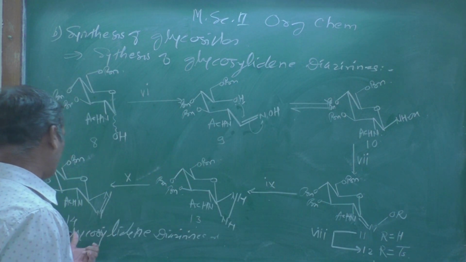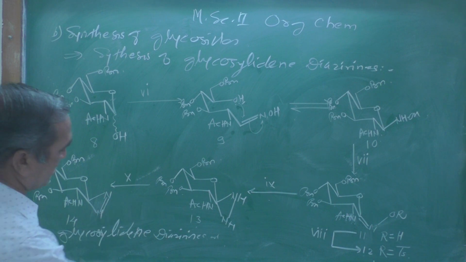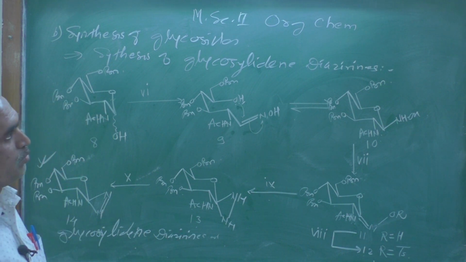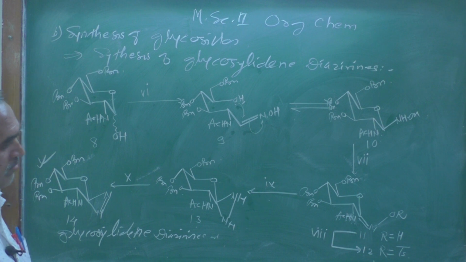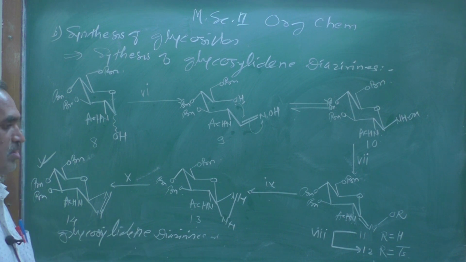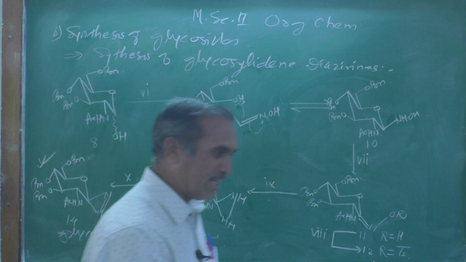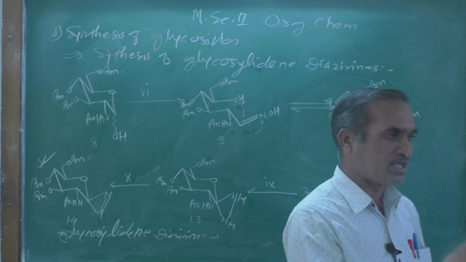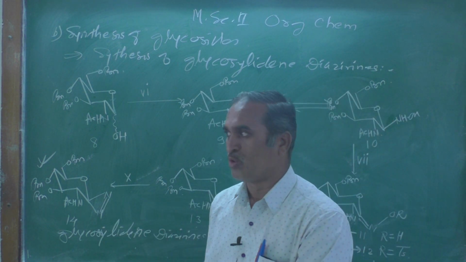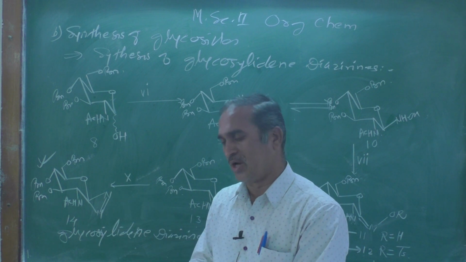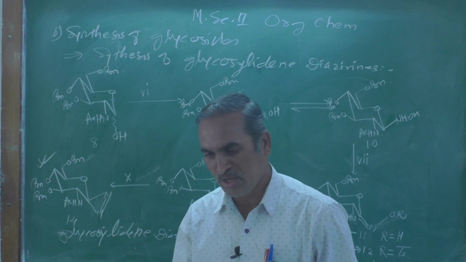Now that we have got this glycosylidene diaziridine derivative, we are going to learn its application, how it will be utilized for the synthesis of other derivatives, and how those other derivatives are significant.